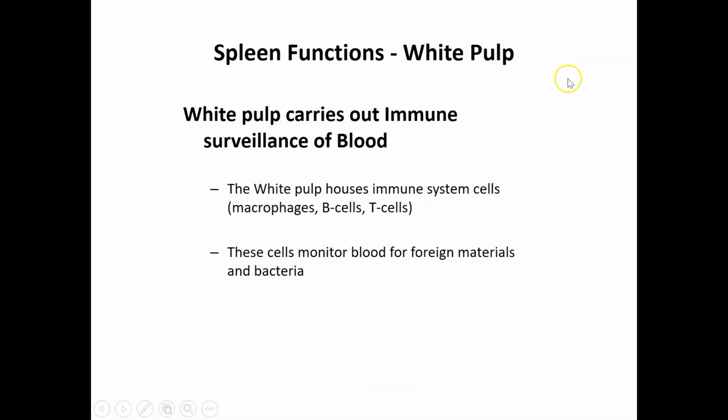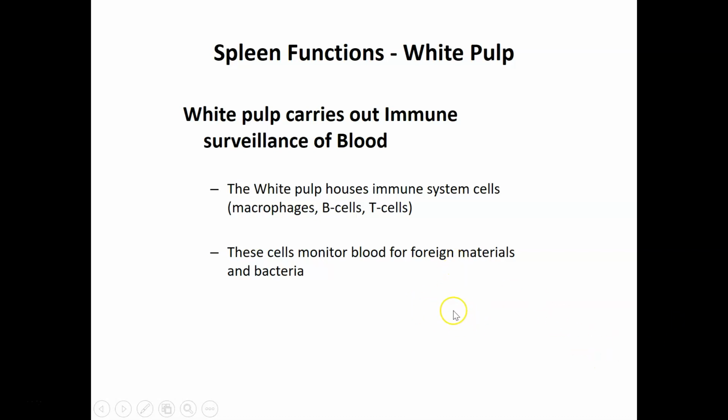All right, so what's happening in the white pulp and the red pulp? What are the main functions? In the white pulp, what you have are a lot of immune system cells, B and T lymphocytes, and macrophages. The white pulp is monitoring blood flowing through these arterioles for foreign materials.